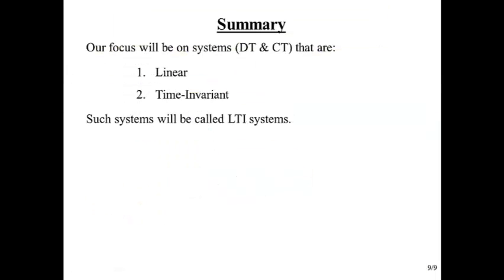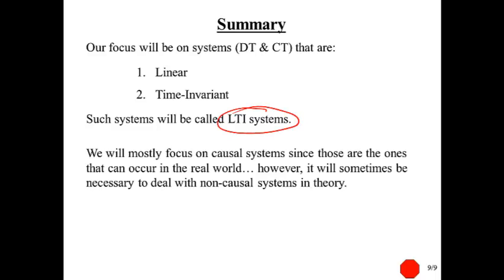So to summarize what we've seen in this video lecture, we're looking at systems, whether they're discrete time or continuous time, and we're looking at a subcategory of systems that are both linear and time invariant, and we call those LTI systems, linear time invariant systems.